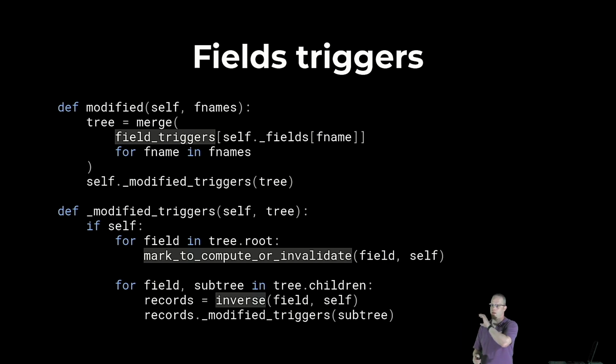Or you may have the information in cache. If the field is a one-to-many field, like in the case of line IDs, the inverse field is called order ID. It's a many-to-one. So you only need to actually follow the many-to-one field on the modified records, and you know which records have to be marked to be computed and to process for the rest of the tree. That's why it's called for the recursive call.